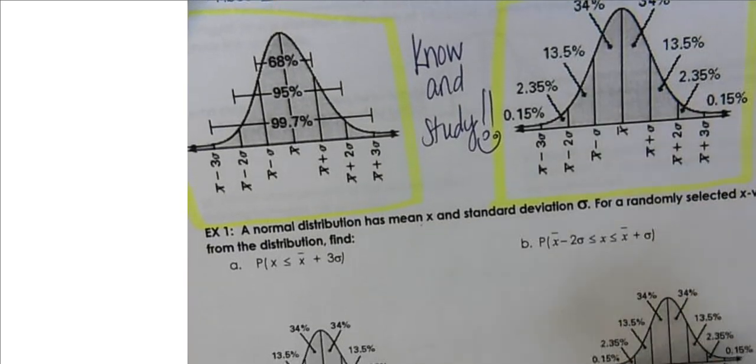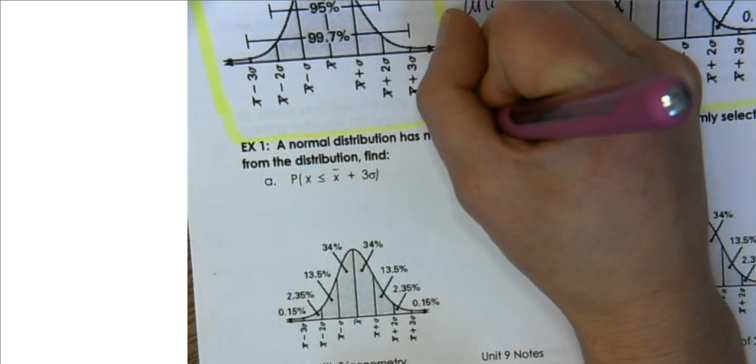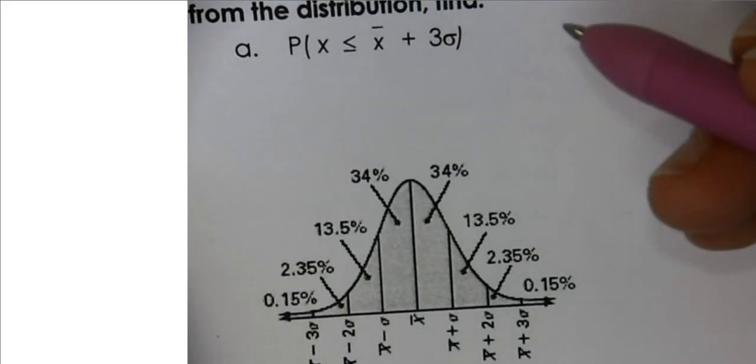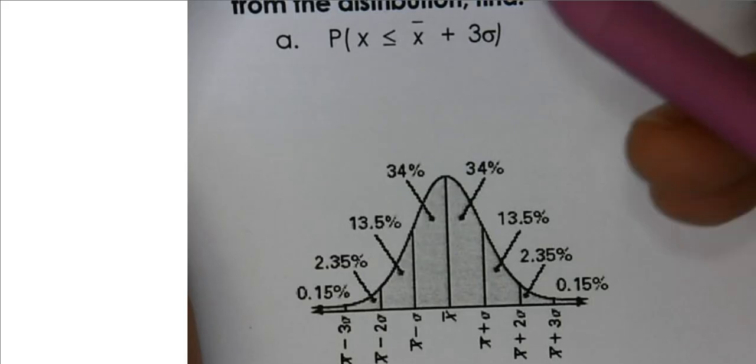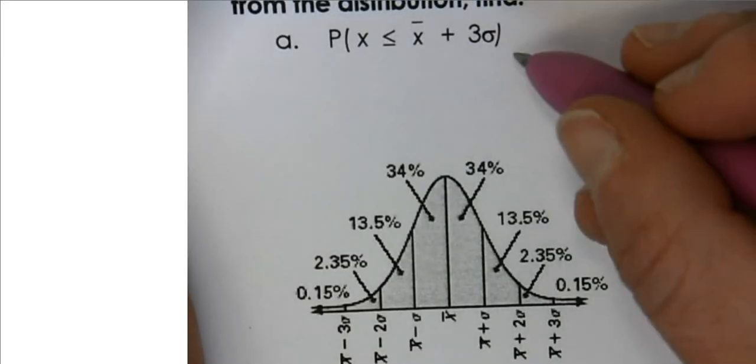So in example number 1, we are told that a normal distribution has a mean of X bar and a standard deviation of lowercase sigma. For a randomly selected X value from a set of data from the distribution, find the probability that the randomly selected data value is less than or equal to your mean plus 3 standard deviations above the mean.